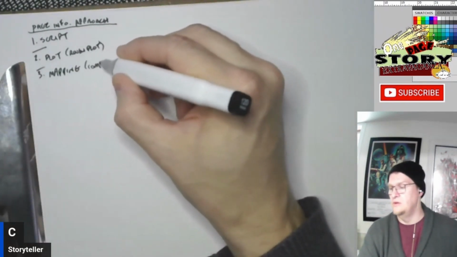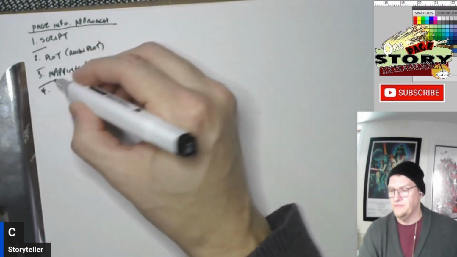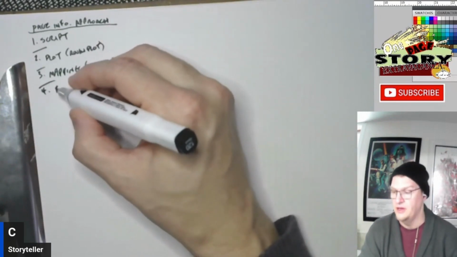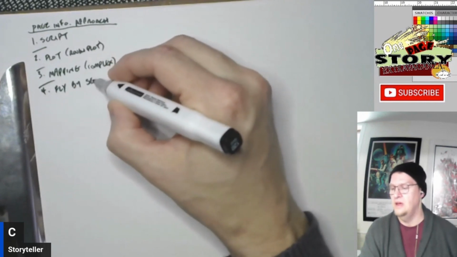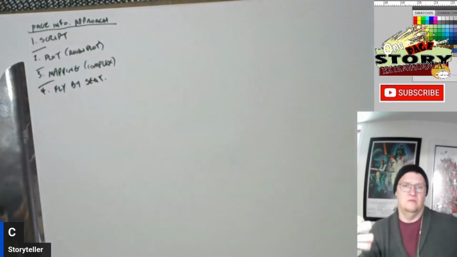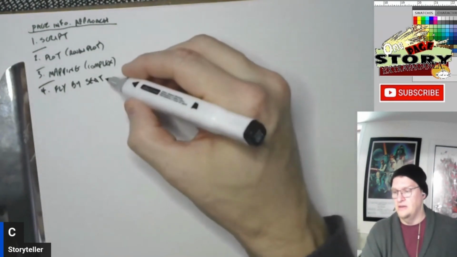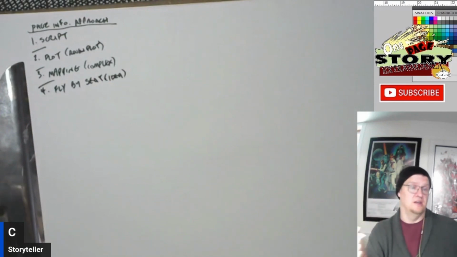And then there's of course the fly by the seat of your pants approach, and what that basically is, is you've got an idea. It's not even a plot. There's no structure to it at all. It's just an idea.